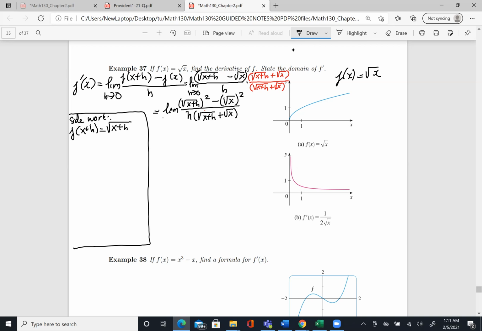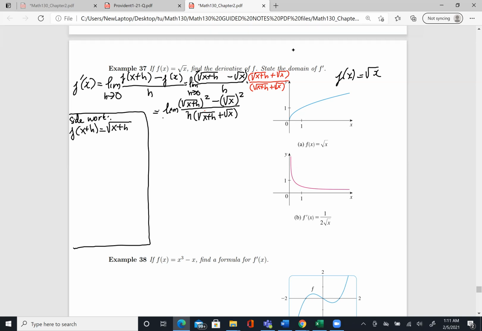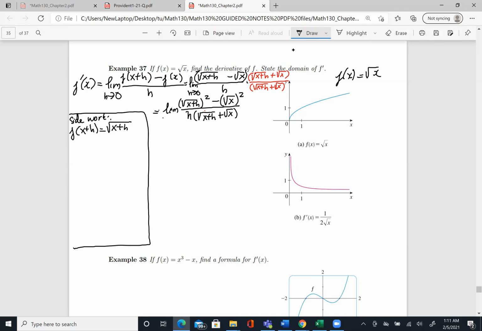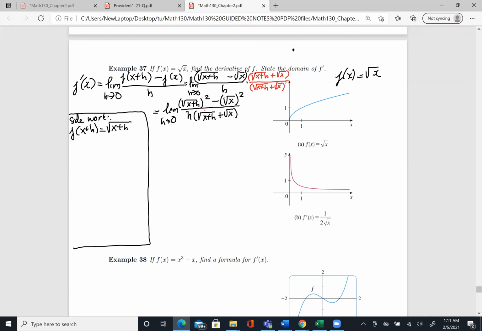For the bottom, don't ever think about distribution, because later on you want to eliminate this h so you can directly substitute, right? So keep it factored. For the top, you're going to simplify it and see what happens, right?